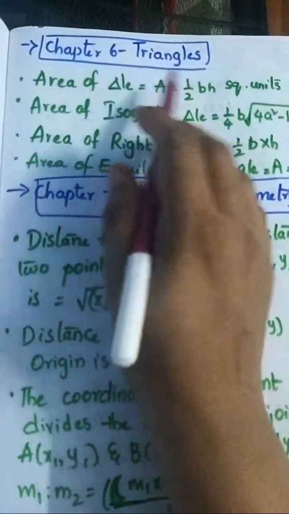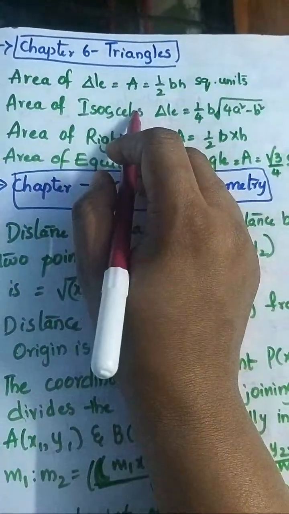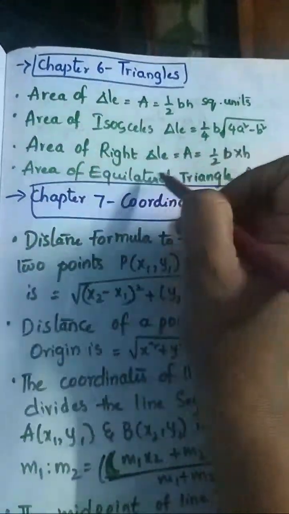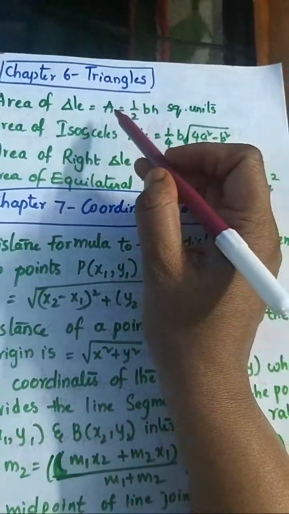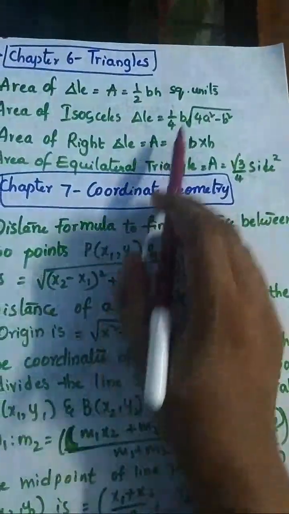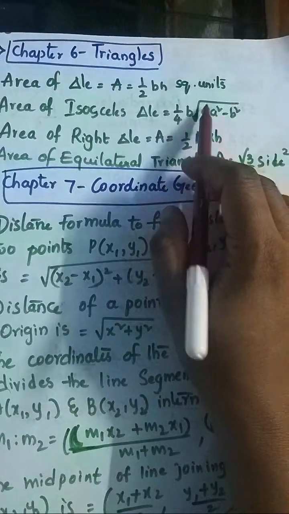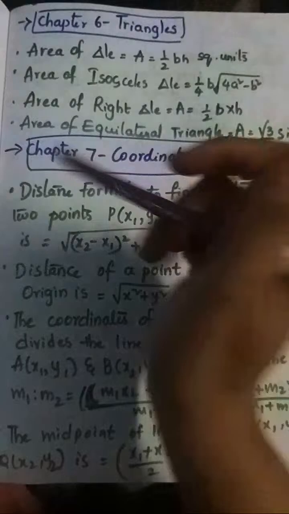Okay, chapter 6, triangles. We have the area of a triangle, area of an isosceles, right angle and equilateral triangle. What are the areas of these types of triangles? Half BH is the area of a triangle. And 1 by 4 b into under root 4a square minus b square is for the isosceles triangle.